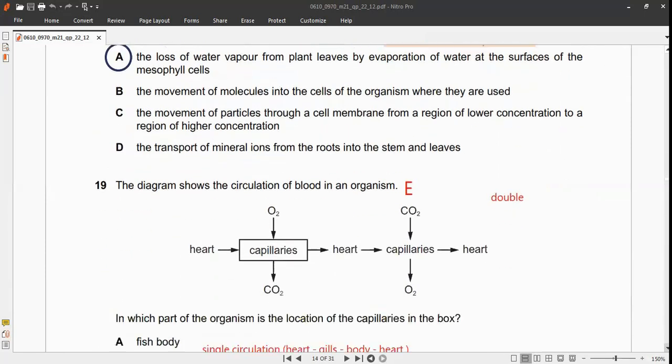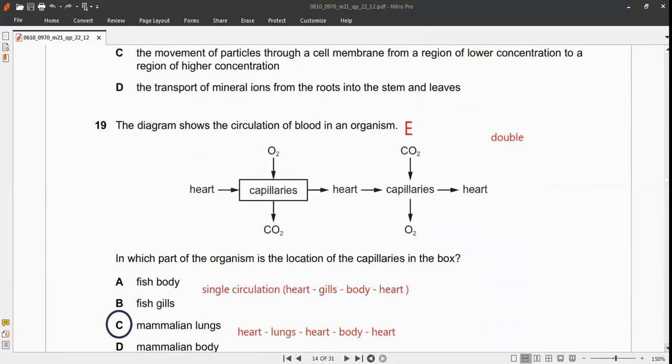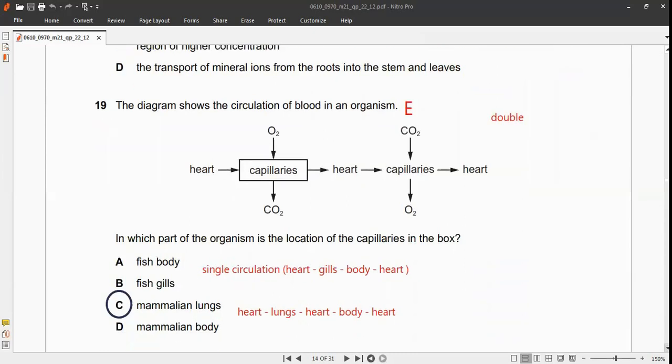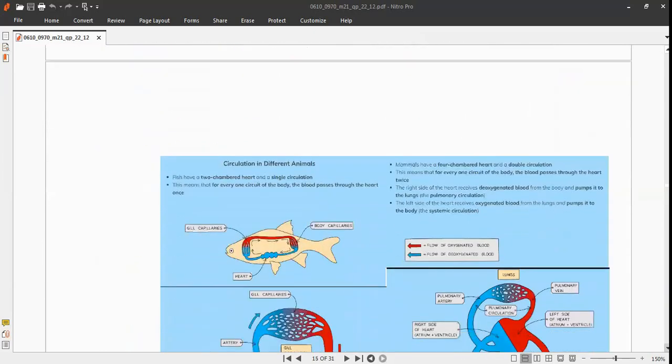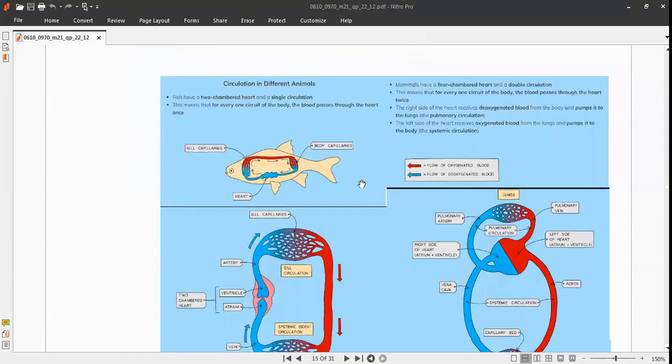Number 19. The diagram shows the circulation of blood in an organism. Okay, let's revise this part. There's circulation in different animals. Fish have a two-chambered heart and single circulation.